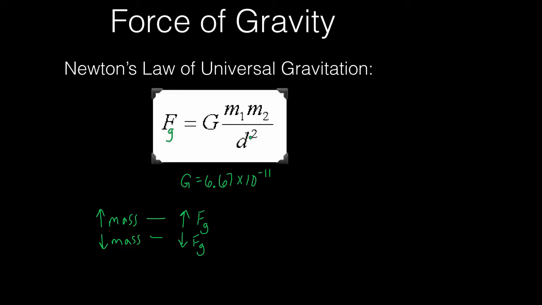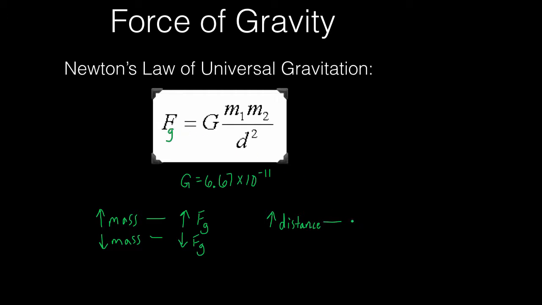Another thing to point out is what's happening with this inverse square law with regards to distance between the objects. What if distance was to increase? And so now this number becomes larger. Well, because we're dividing by a larger number, force of gravity is going to go down.